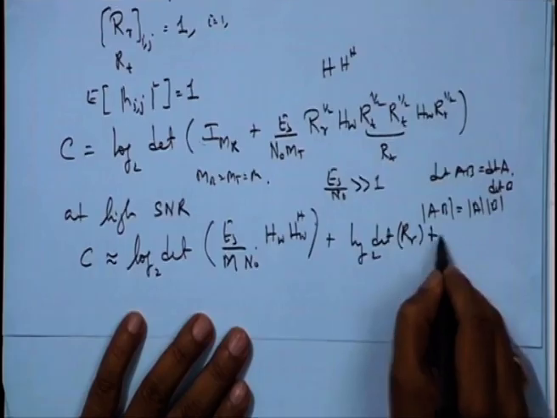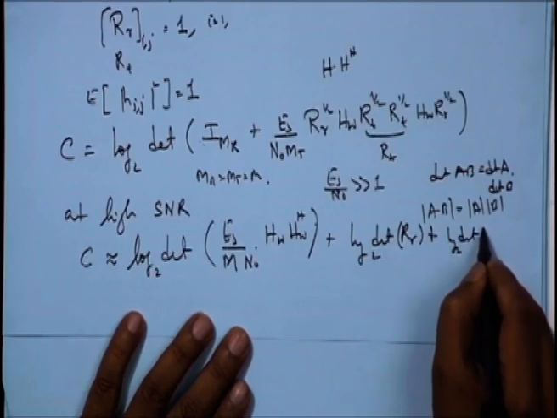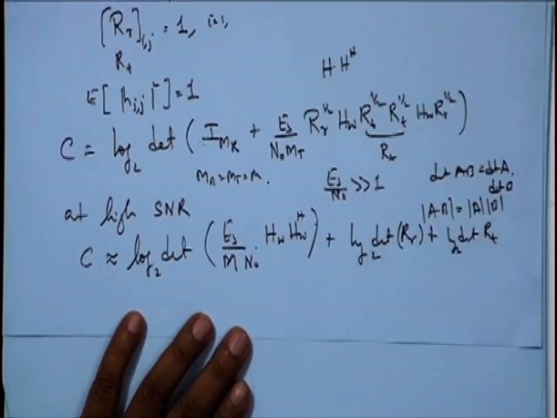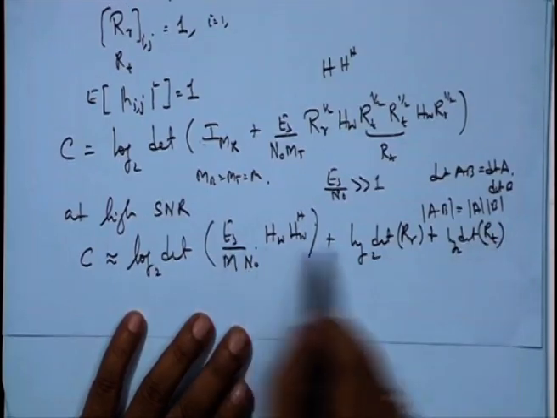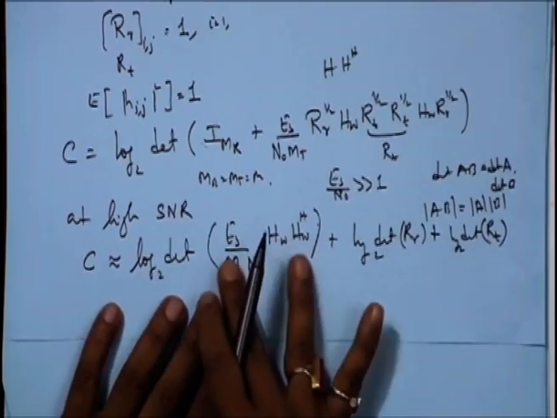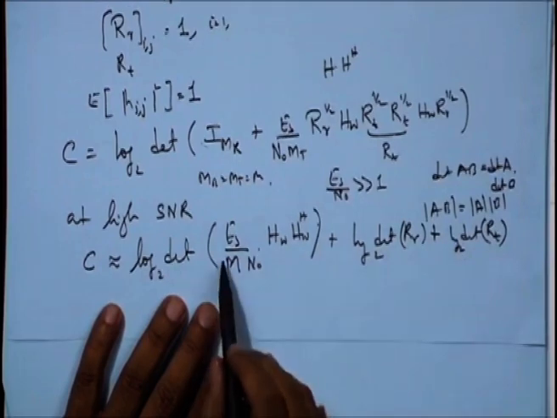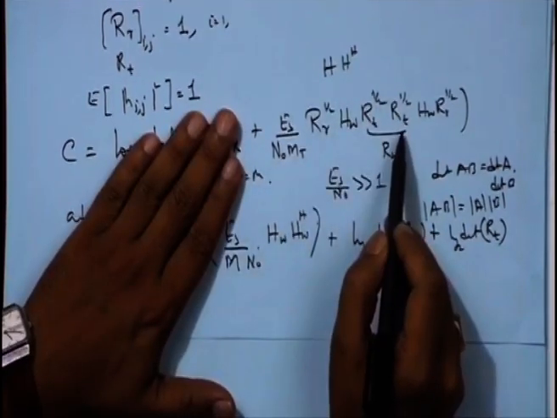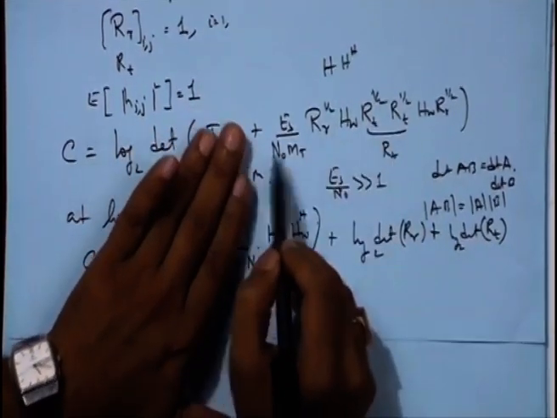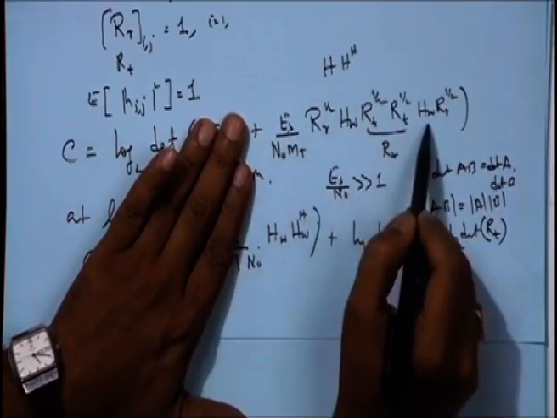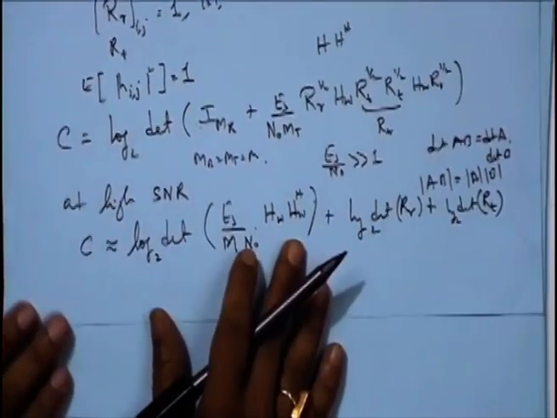So basically plus log base 2 determinant of RT, right. So if you put them together, log determinant of this times this times this, so basically we have this term, and that is the result of this expression when the right hand side is much greater than 1.